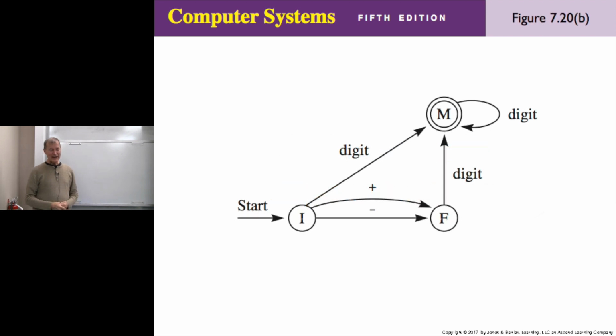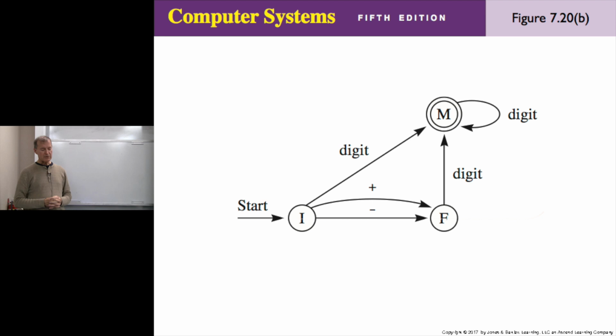Okay, so now for the direct code implementation, we're going to implement this finite state machine in figure 7.20b. The reason this one is important is because we're going to use a technique in here that you're going to use in your project.